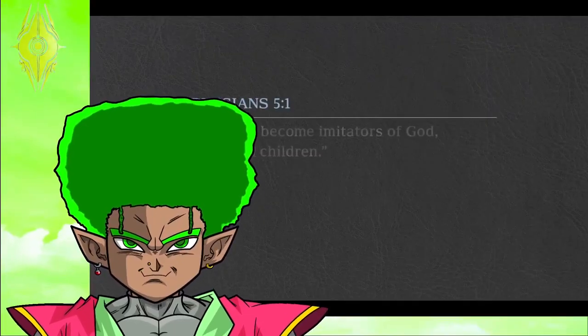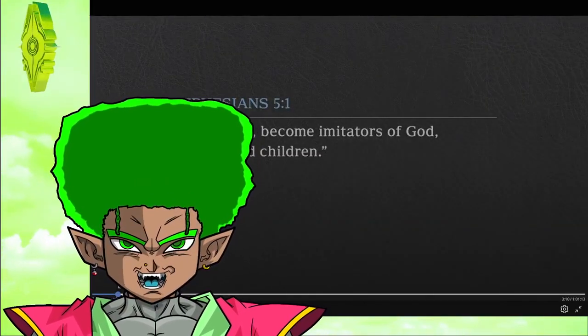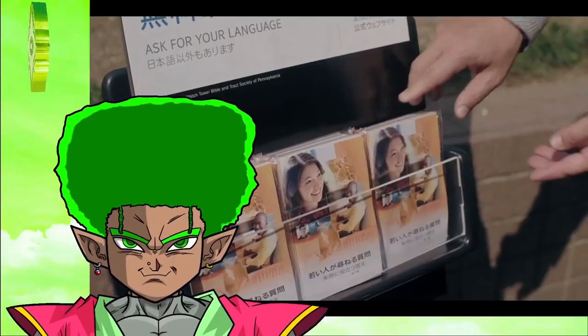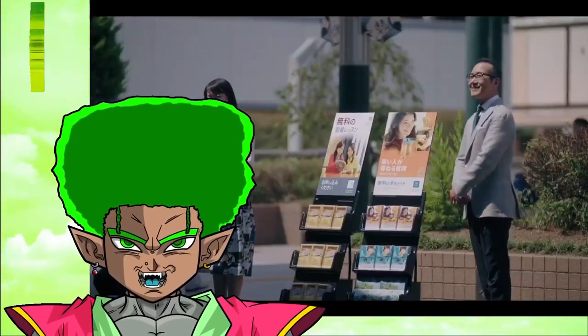It says, "Therefore become imitators of God." But it's well worth the effort, and Jehovah will help us. What blessings will we personally reap if we become imitators of God? The greatest blessing: Jehovah will see that we're trying to be like Him, and He will love us and draw close to us.